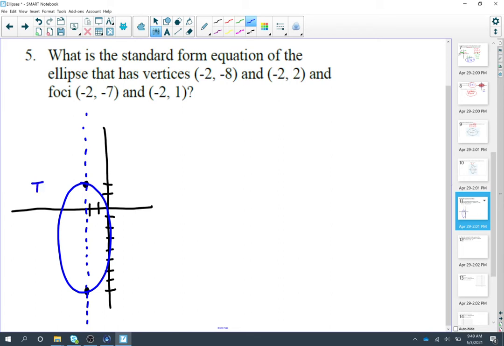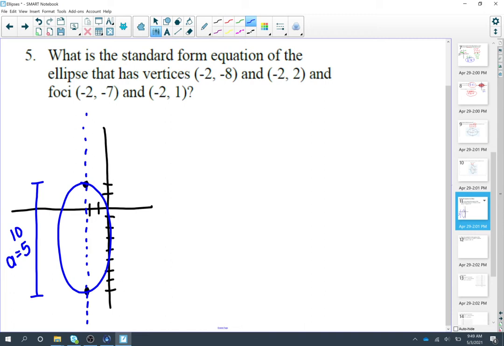The distance from here to here, down at -8 up to 2, is 10, which means my center is somewhere in between. If that's my major axis, I know that that's my a value. So I know a is 5 because you cut it in half.